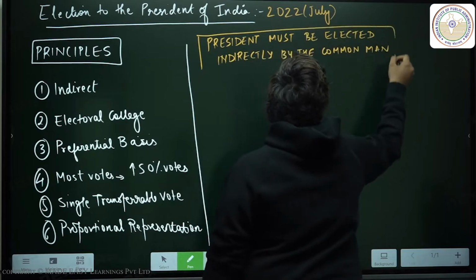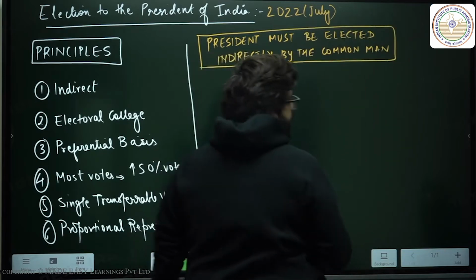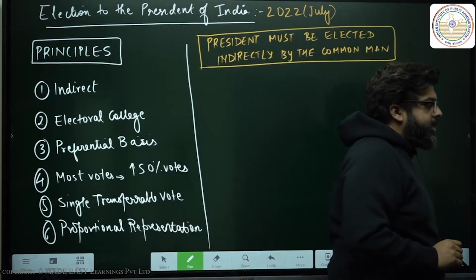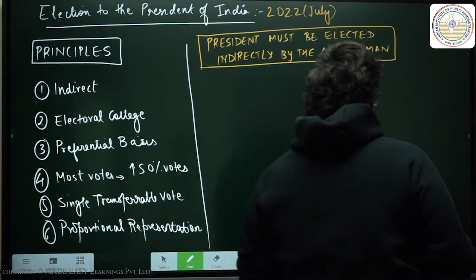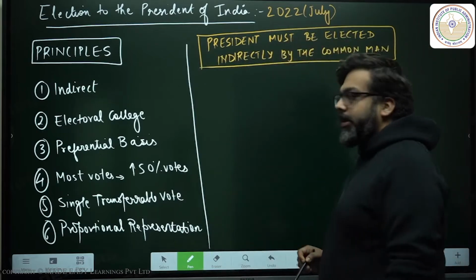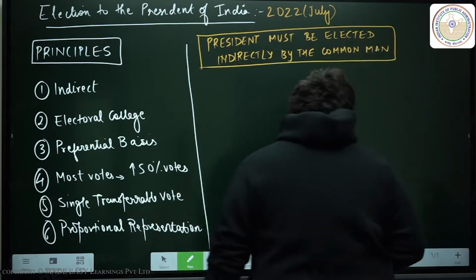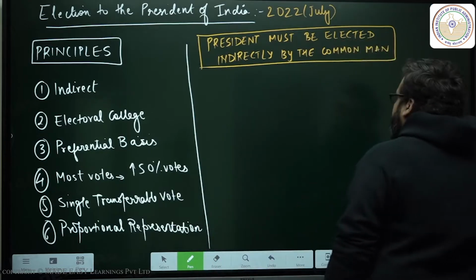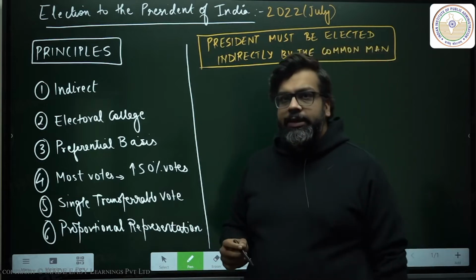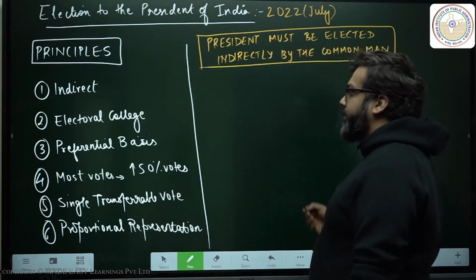This is your primary principle, your foundational principle as far as the elections to the President are concerned. To understand this principle, we are going to do a small case study so that you get the basics of it.